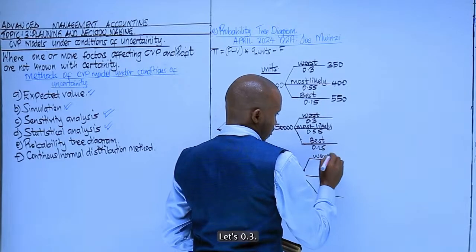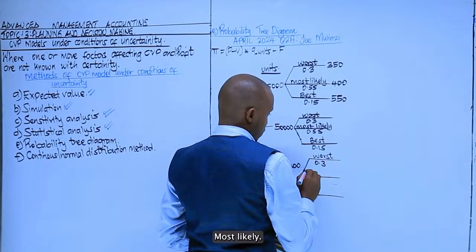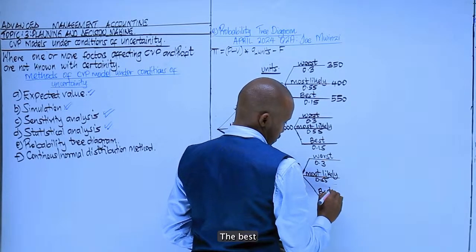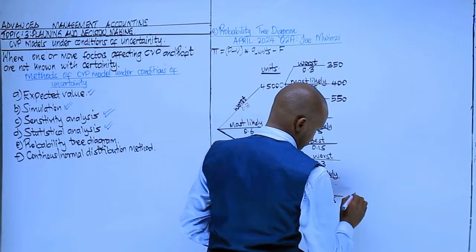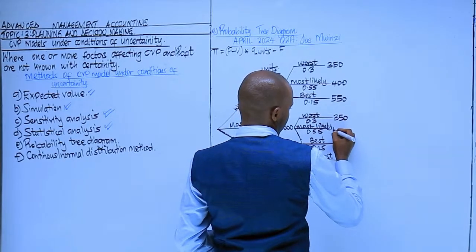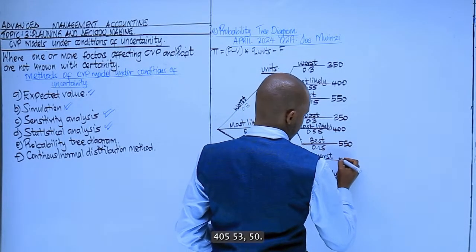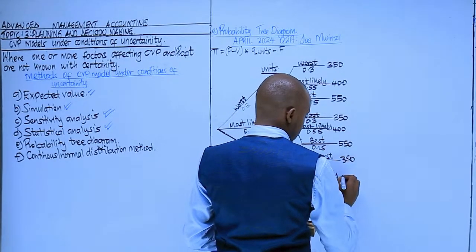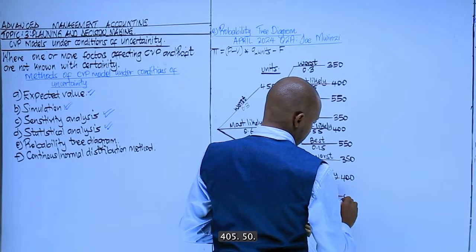Then we also need to analyze: worst, 0.3. Most likely, 0.55. The best is 0.15. Your prices are 350, 400, 550, 350, 400, 550.